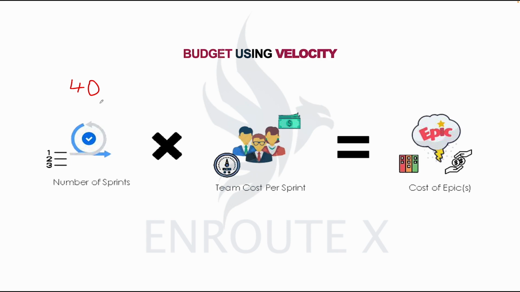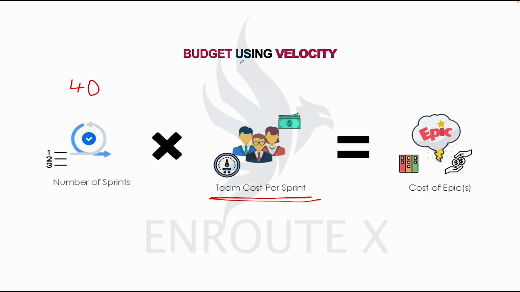Then the next question is, how much will it cost us? How much will that product, or epic, or feature cost us? We also find out how much each sprint will cost.